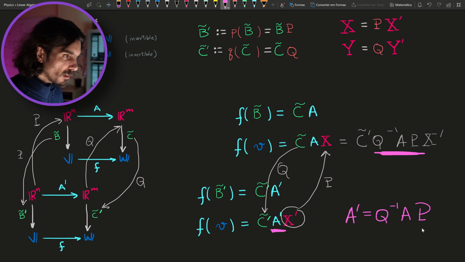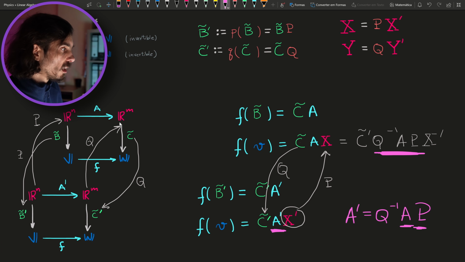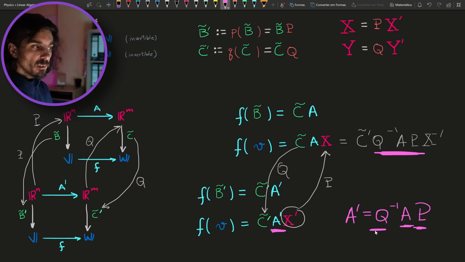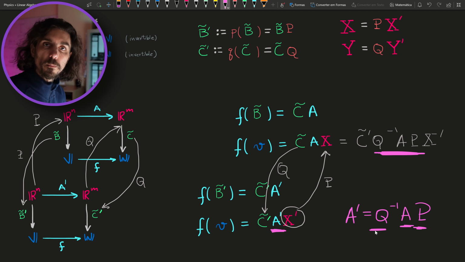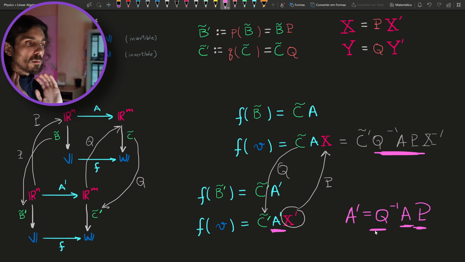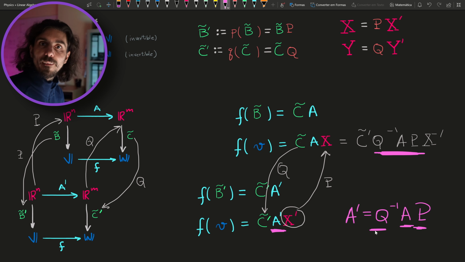Can you see the idea? First P from here to here, then A, and finally, because Q maps from here to there, you want to go the other way around, so you multiply it by Q minus 1. This is the connection. It's already seen from the picture. The connection between the matrix representations of our linear function.